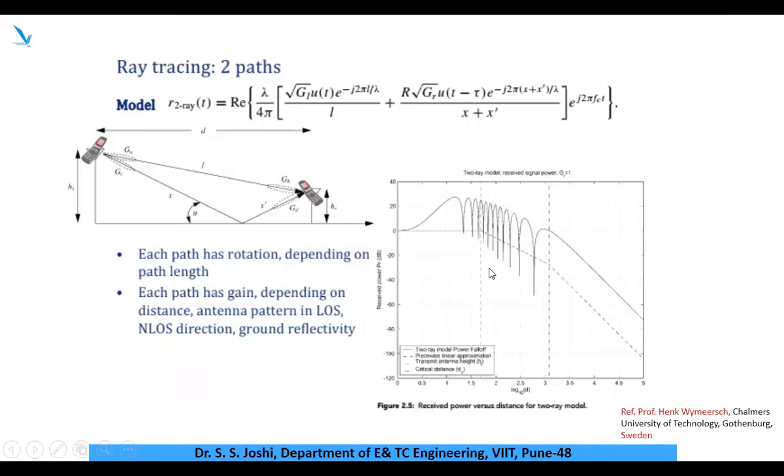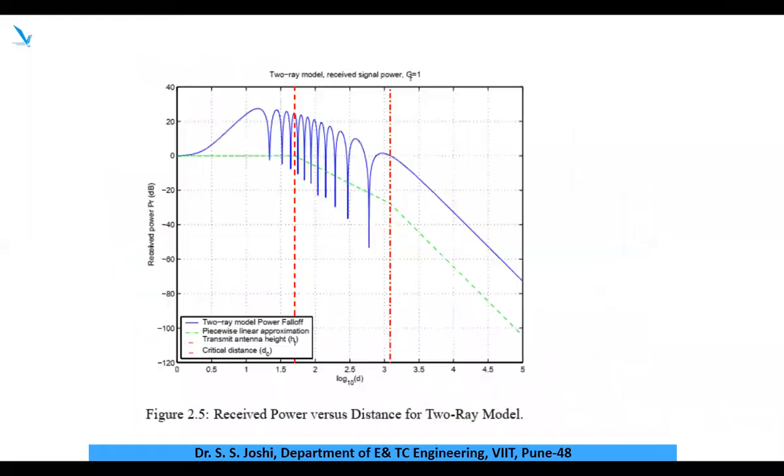At this point, don't go into detail about where exactly it will happen as a function of d, but try to understand constructive and destructive interference because of the multiple paths and the rotation of the signal, which causes this fluctuation. But as a function of distance, if you consider log of d, you will find that the strength of the signal decreases. It's a straightforward phenomenon. So we'll move ahead.